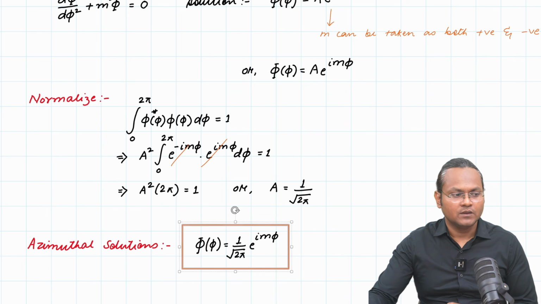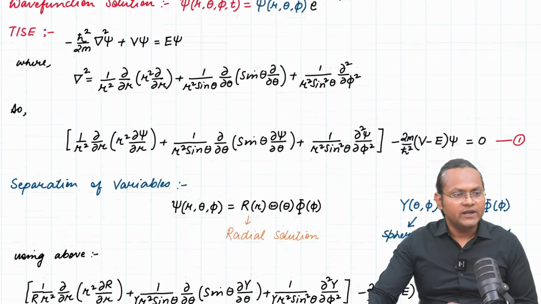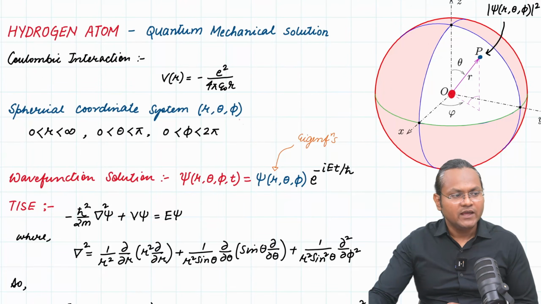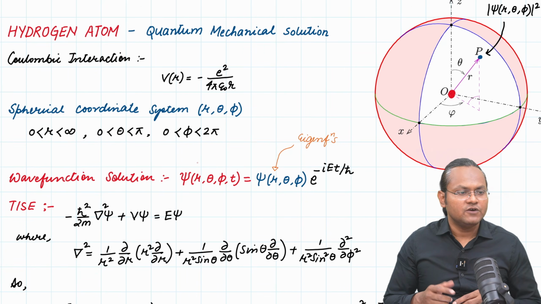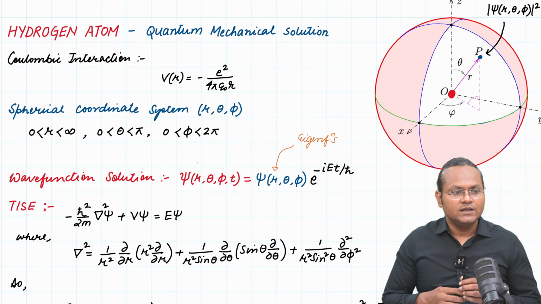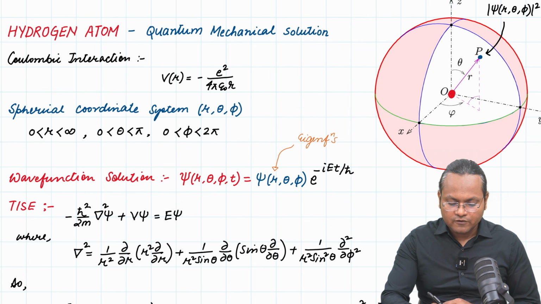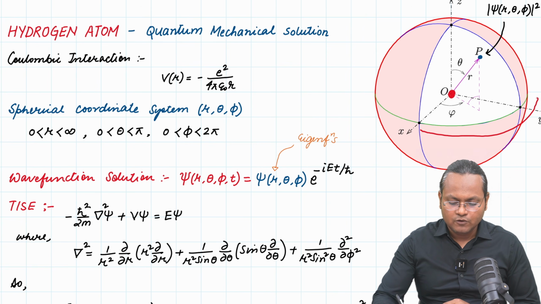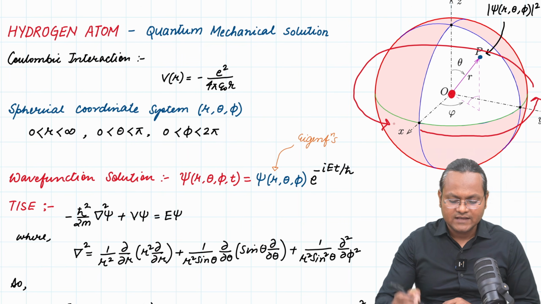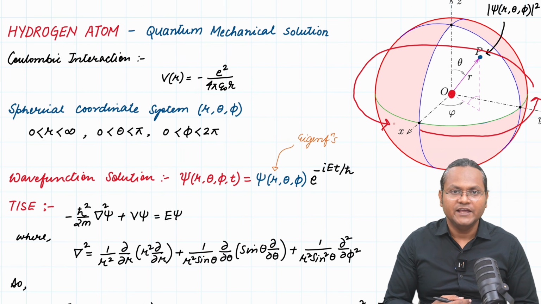Now, if you take a look at our original coordinate system, where I explained to you the variation of r theta phi, then phi essentially is the angular displacement if you move along the equator. So if you go along the equator, that is when the azimuthal displacement of phi takes place.